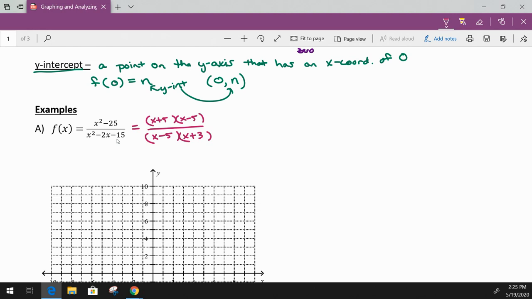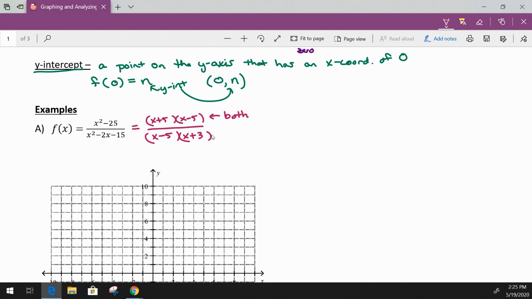If we're looking at just the numerator, what values of x would make the numerator equal to 0? Both positive and negative 5. If we substituted negative 5 for x in this factor, we would get 0. If we substituted positive 5 in the factor x minus 5, we would get 0 here, and 0 times anything would be 0.